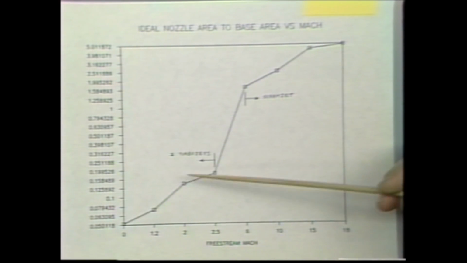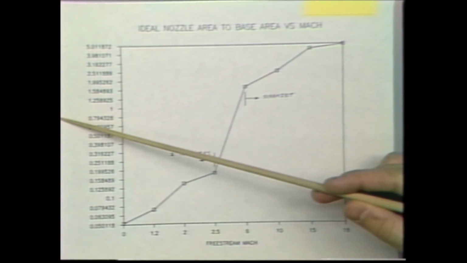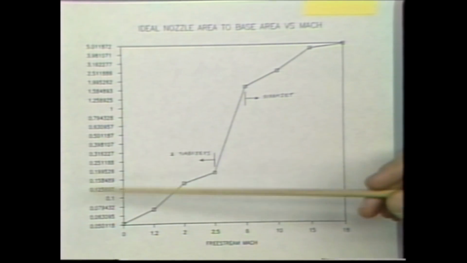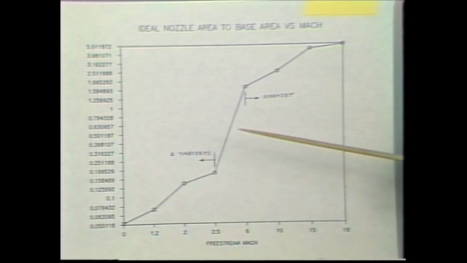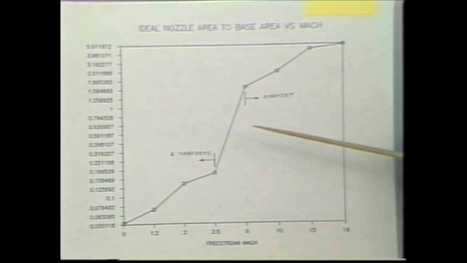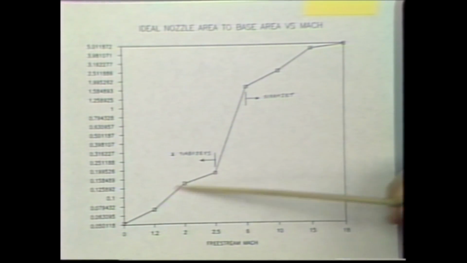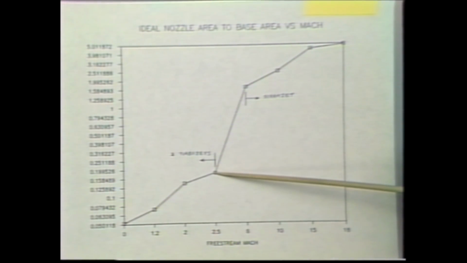This is sort of an interesting plot here. It shows the ideal nozzle area divided by the base area of our vehicle. The ideal area is defined as the area that the propulsive stream would take up if it were to expand isentropically to ambient pressure. You can see down here in this turbojet regime, we only fill up maybe 10, 15, or 20% of the nozzle area at most, even at Mach 2.5.